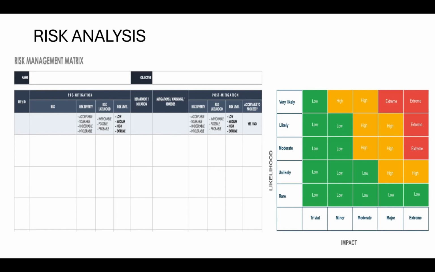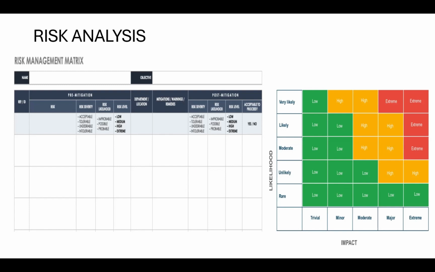Now we begin to ask ourselves. That's why we have the score by the side here of the likelihood and the impact. And we'll now begin to say it is low, it is high, it is moderate, it is extreme. So we'll now classify the risk. Okay, this risk is acceptable or it is tolerable. What is the likelihood of its occurrence? We put it there.